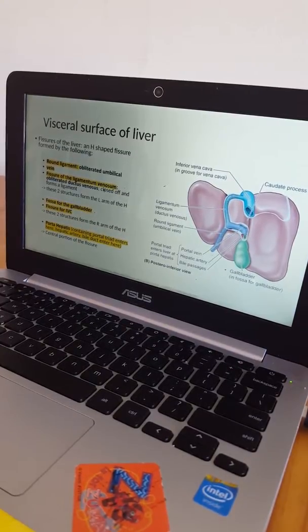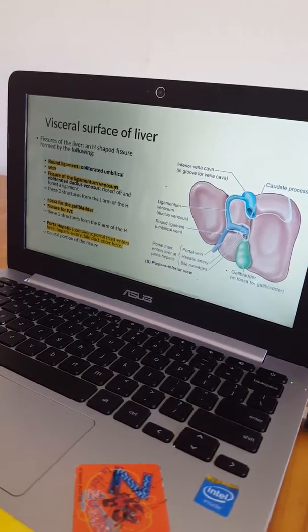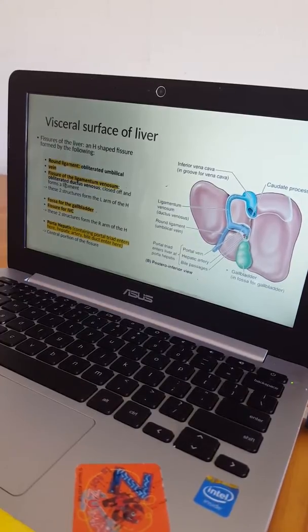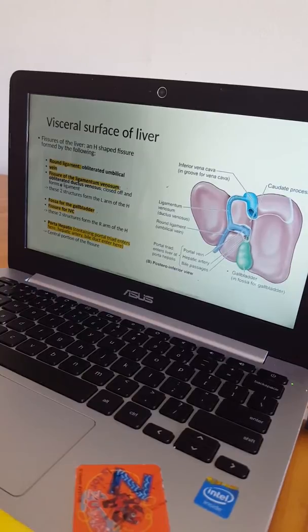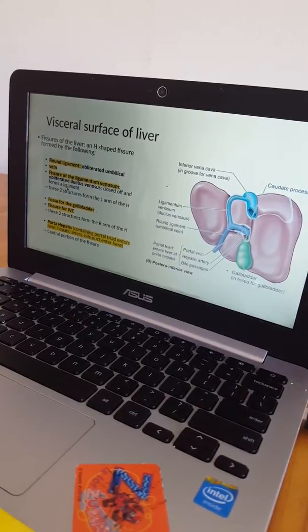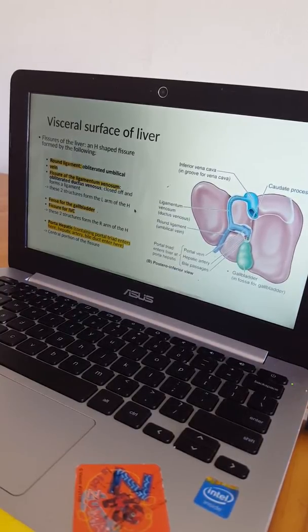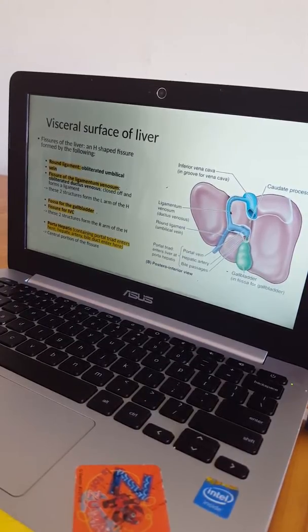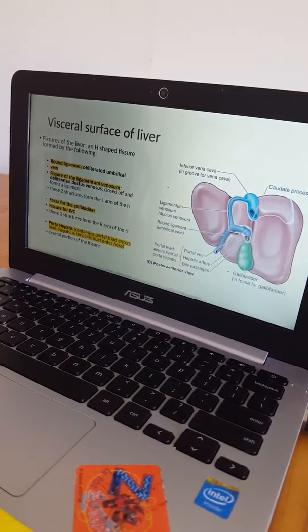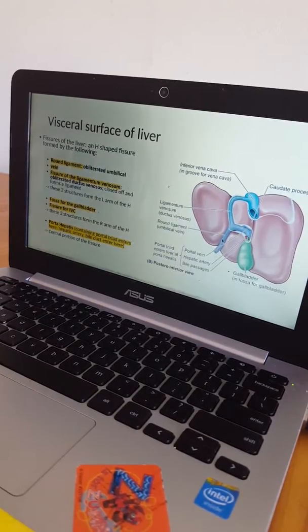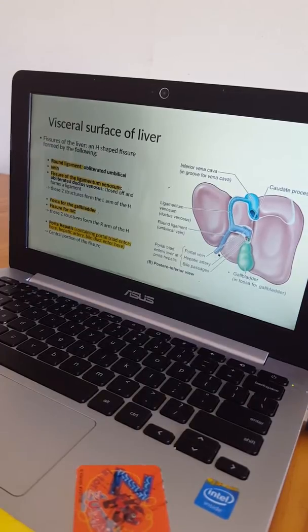The fissure of the ligamentum venosum, which had the ductus venosus. It was also present in the embryological phase, but then it was obliterated later. This also forms a ligament in the adult phase. So these two structures form the left arm of the H. So you can see this is the ligamentum venosum, and this is the round ligament. So we made one limb.